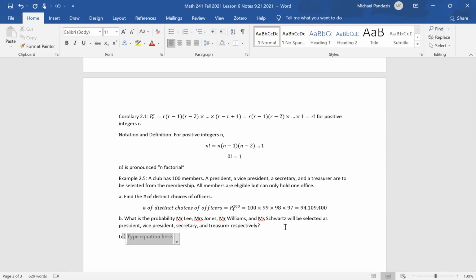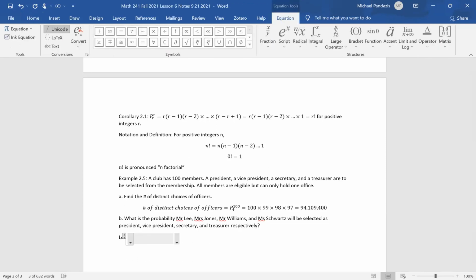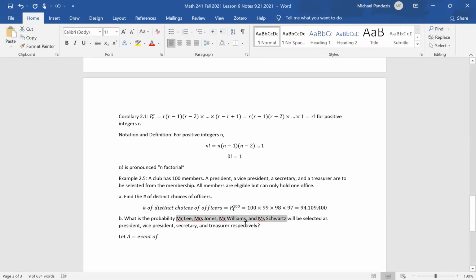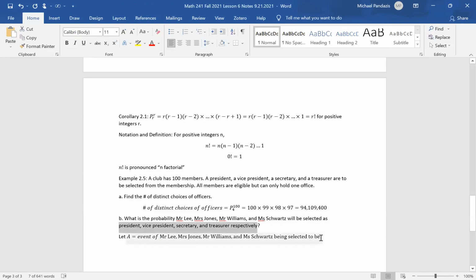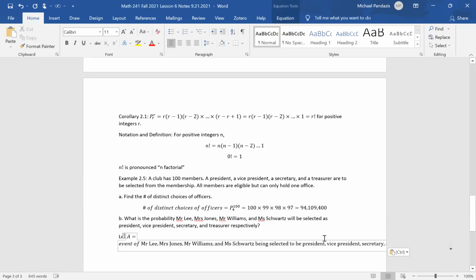So we're just going to again introduce some notation.